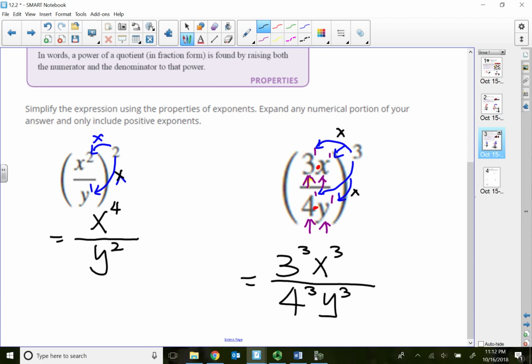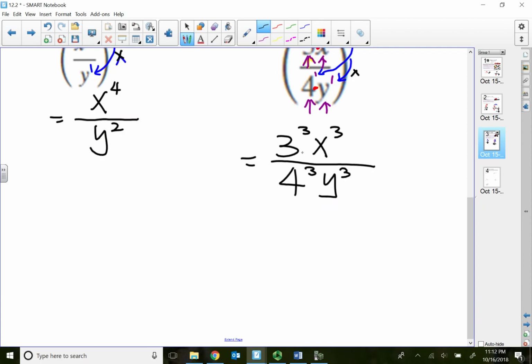Since there are no bases that are the same on just the top or just the bottom, there's no exponent to add or subtract. We'll just figure out our numerical values. 3 to the third is 3 times 3 times 3, which is 27, times x to the third, over 4 to the third, which is 64, times y to the third power. That will be my answer, and it cannot be reduced because 3 and 4 cannot be reduced.